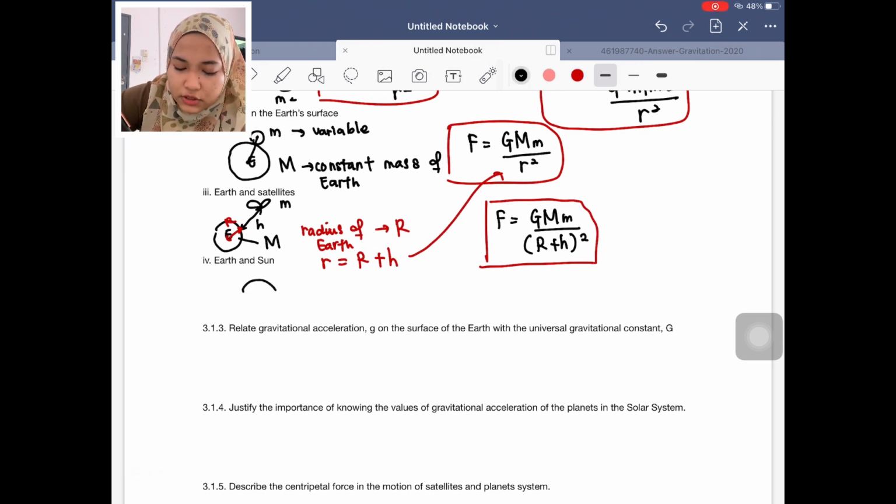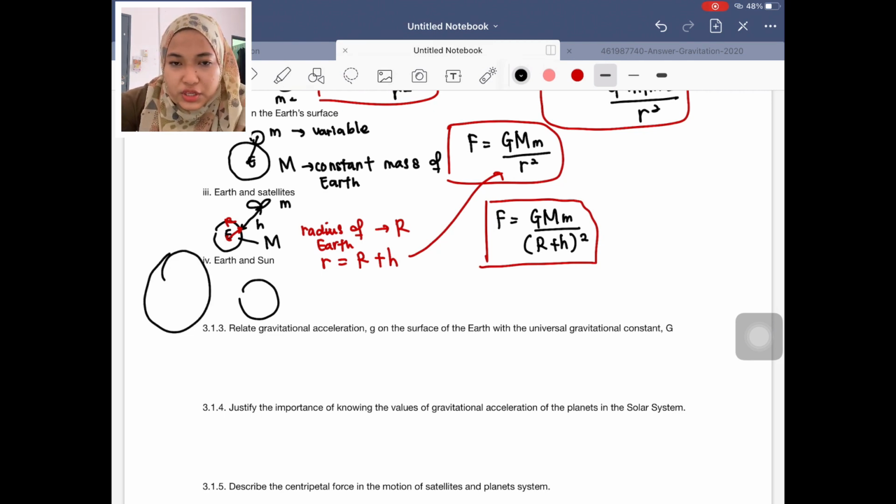So we have the earth and also the sun. Sun is of course much bigger than the earth. So we can assign which one is M besar and which one is M kecil.